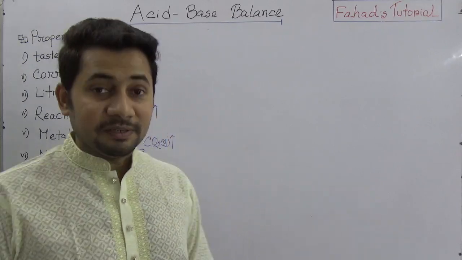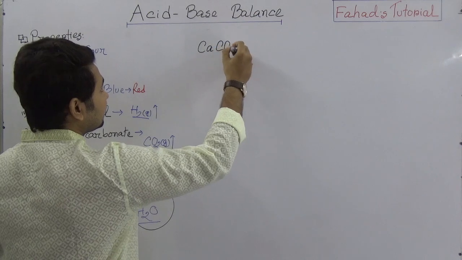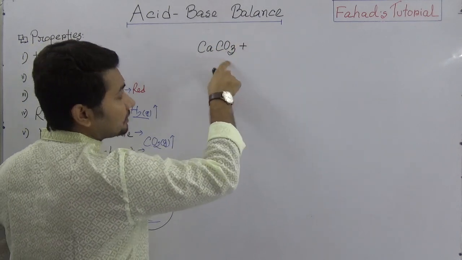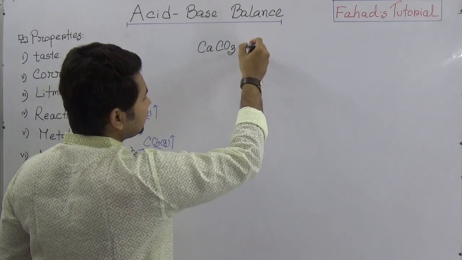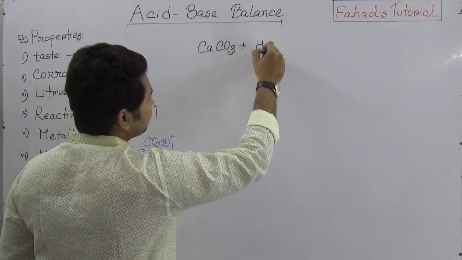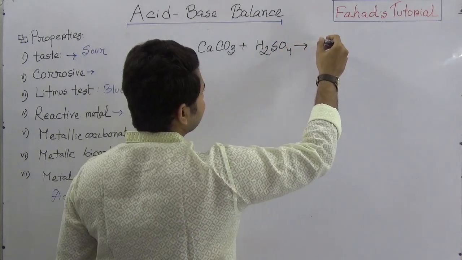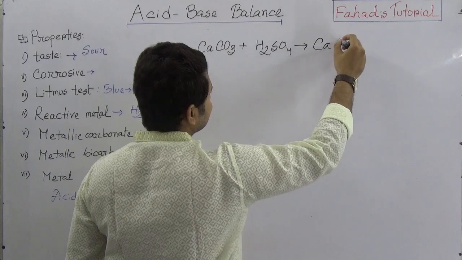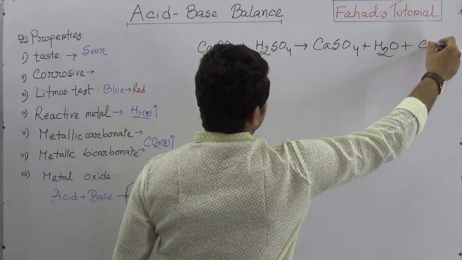If this is the question, please see that when calcium carbonate, a metallic carbonate, reacts with sulfuric acid, it will produce calcium sulfate, water and carbon dioxide.